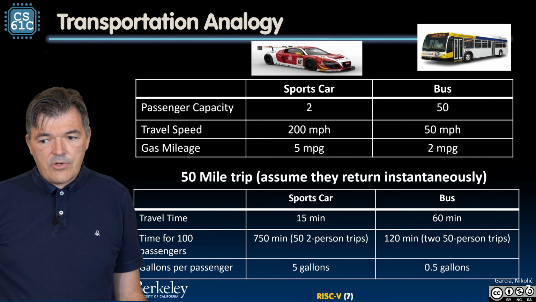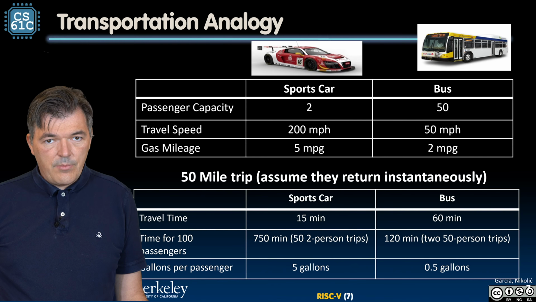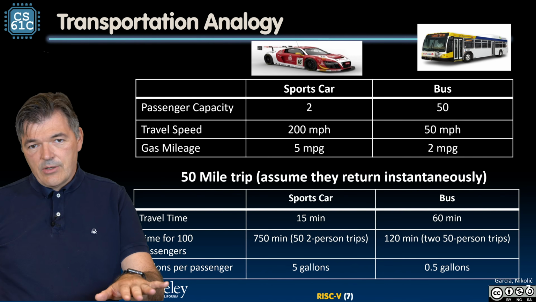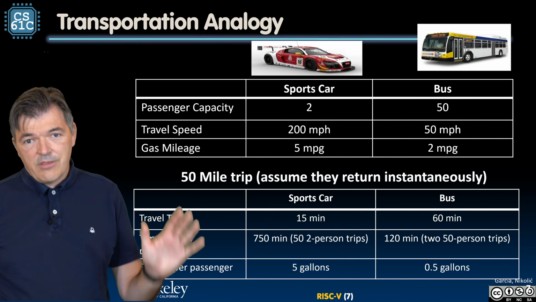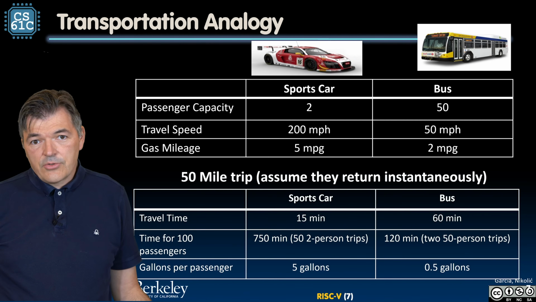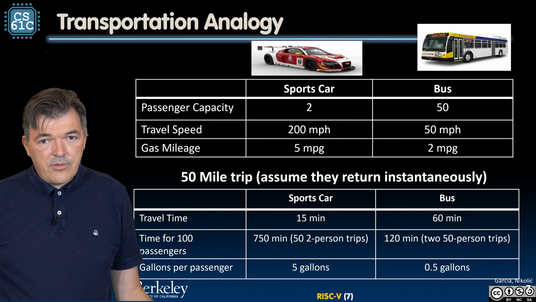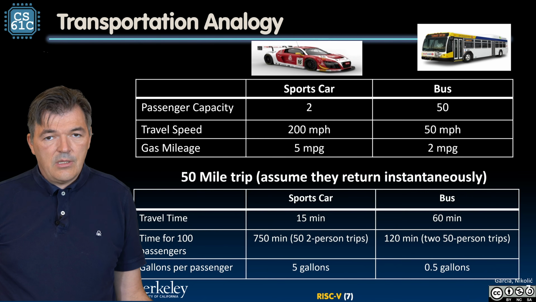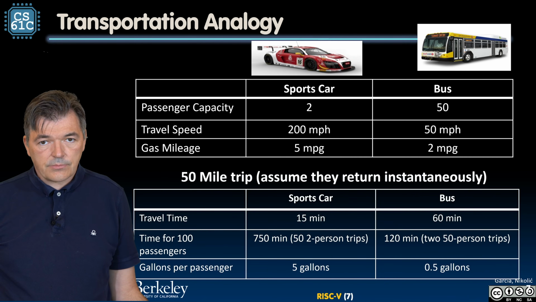But in every trip, the sports car will only deliver 2 passengers and will somehow transport itself empty and take another 2 passengers. So in total, to transport 100 people will take 750 minutes. On the other hand, the bus will take only 2 trips, so it will be done in 120 minutes.